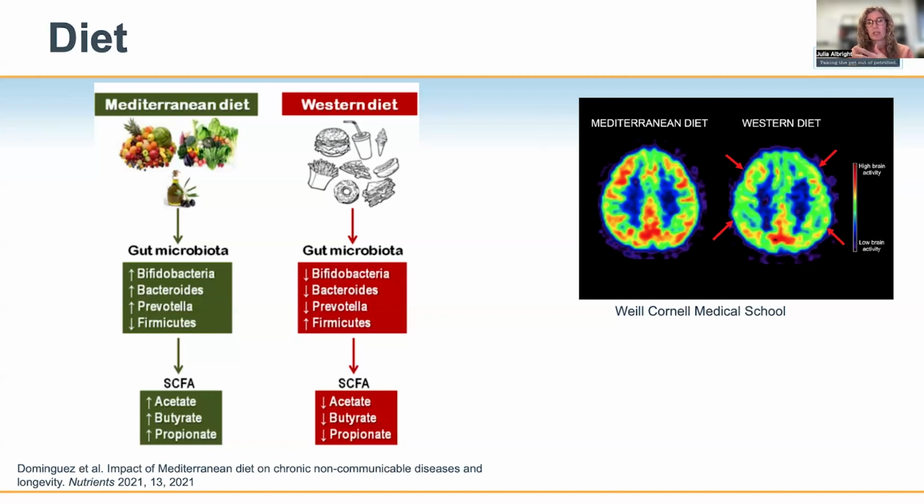And if you were to look at, say, PET scans that picked up on the beta amyloid plaques, for example, or other histologic markers of neural inflammation, you would probably see the Western diet had higher levels of those markers compared to the Mediterranean diet. So this has definitely been shown in rodent models and to some extent in dogs.